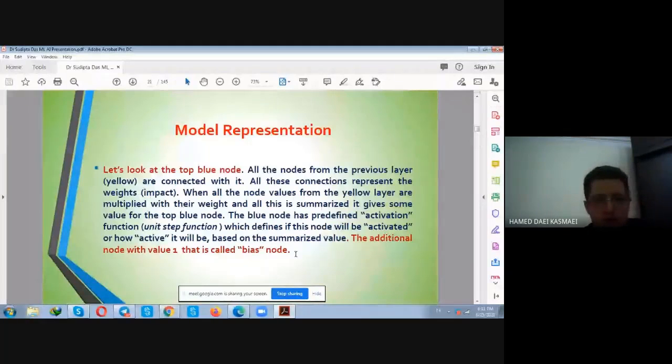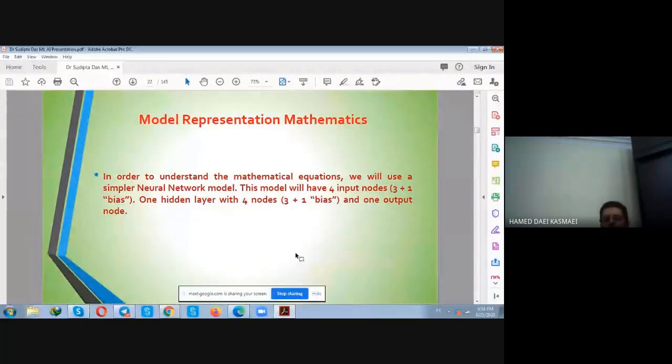In order to understand the mathematical equation, we will use a simpler neural network model. This model will have 4 input nodes, or 3 plus 1 bias. Okay, 3 input nodes and 1 bias. 1 hidden layer with 4 nodes, 3 plus 1 bias, and 1 output node.